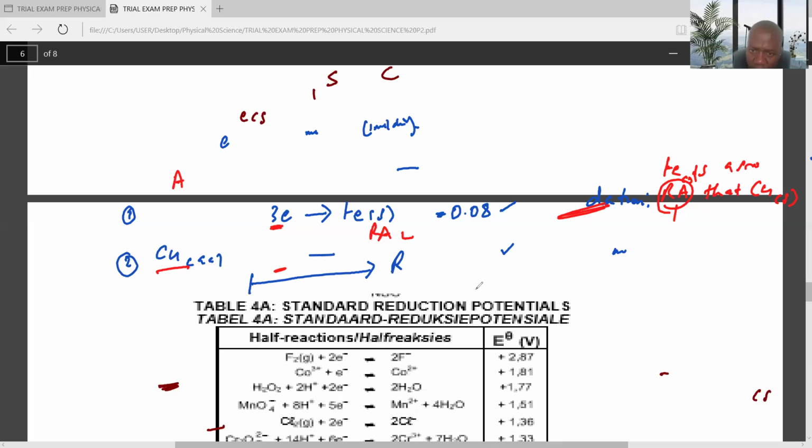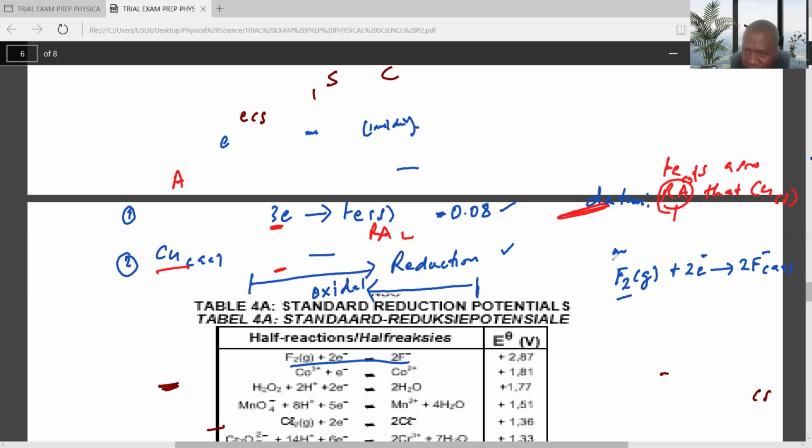But if you go from right to left, this is oxidation. For example, if you copy this reaction like this, F2 as a gas plus 2 electrons, one arrow, not two, gives 2 moles of F- ion, as an aqua. You see the oxidation number of this, because it is just a compound, 0. That's -1. You see, we're moving from 0 to -1. There's a decrease in oxidation number, that's why it becomes a reduction. But if you start from this side going this side, it will be an oxidation. So don't forget that, ladies and gentlemen.